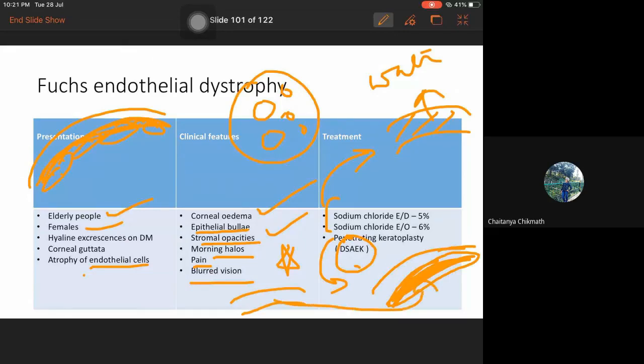That is Descemet stripping automated endothelial keratoplasty, DSEK. The full form of DSEK is Descemet stripping automated endothelial keratoplasty.